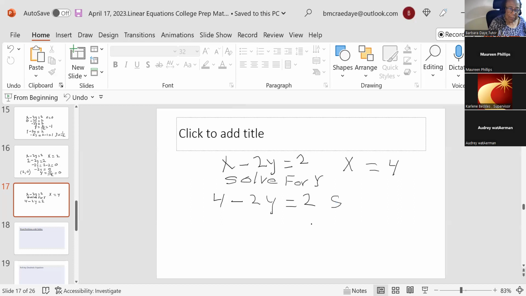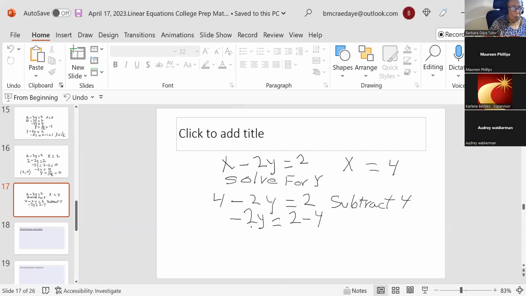Subtract 4 from both sides. What do you get, Maureen? You get minus 2y, don't throw away signs, and what would that be equal to? 2 minus 4 is what, Maureen?